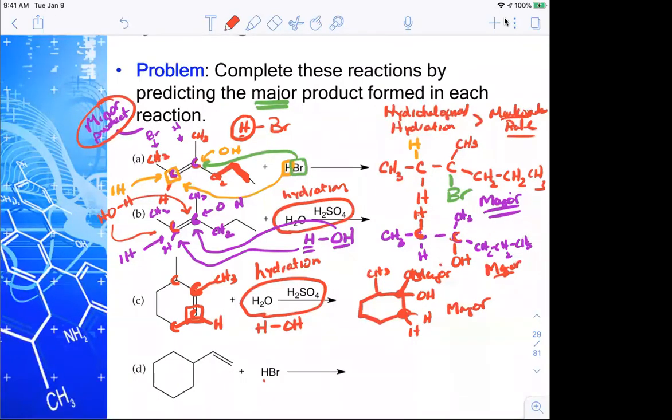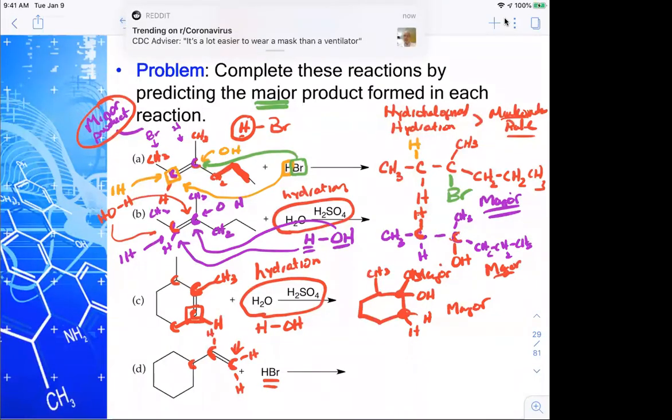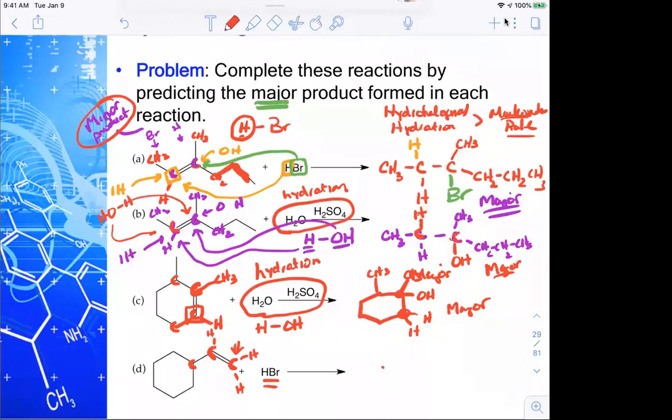Here, I have another hydrohalogenation. Here's my alkene. This has 2 hydrogens on it. This has 1 hydrogen and a carbon. So my hydrogen is going to end up on that carbon. So I'm going to draw everything that I see.